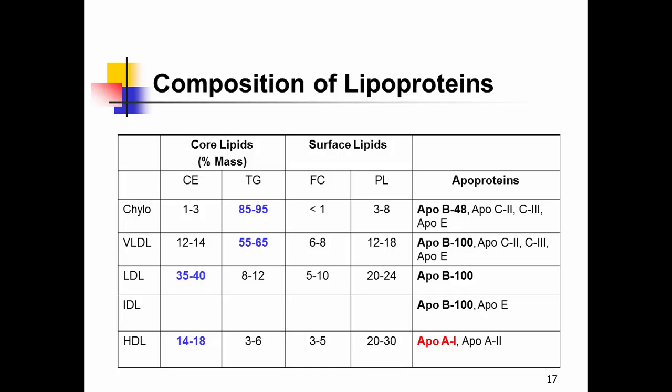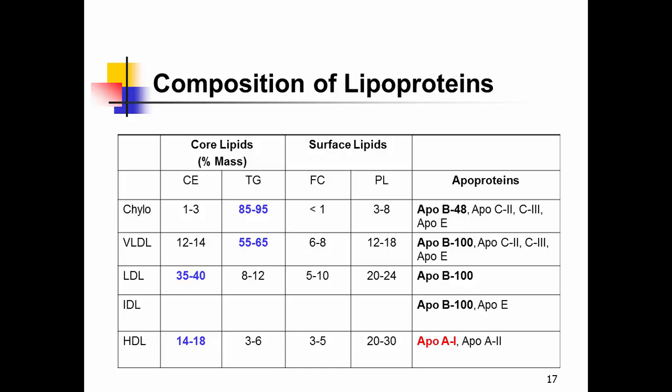And we also mentioned that different types of apoproteins are present in different types of lipoproteins. For example, chylomicron has 1, 2, 3, 4 different types of apoprotein on its surface. ApoB48 is specific to the chylomicron because ApoB48 is synthesized in the small intestine, right? So it's together with the chylomicron.